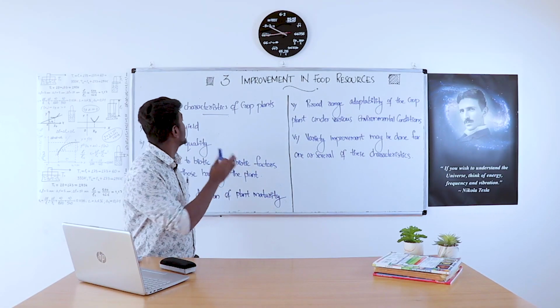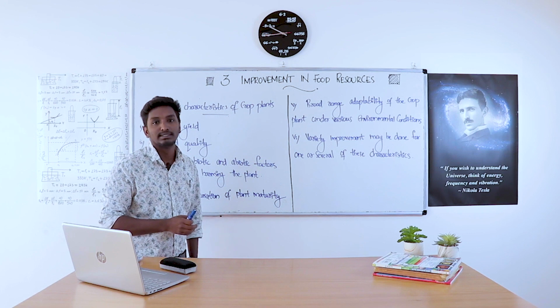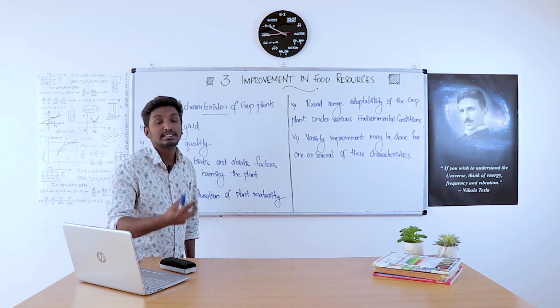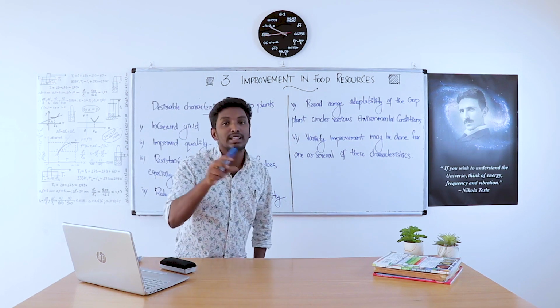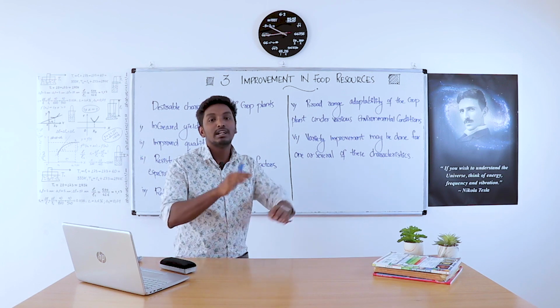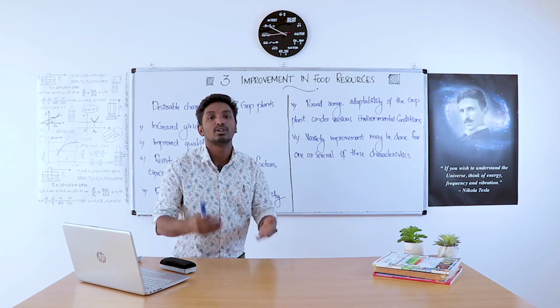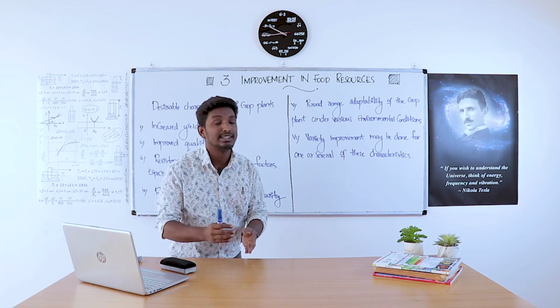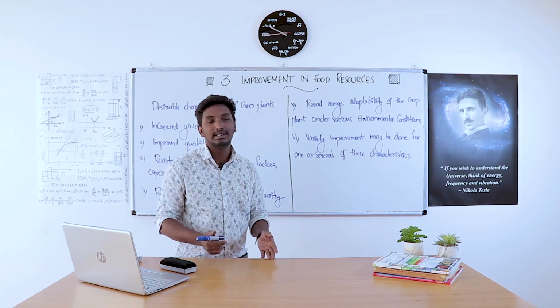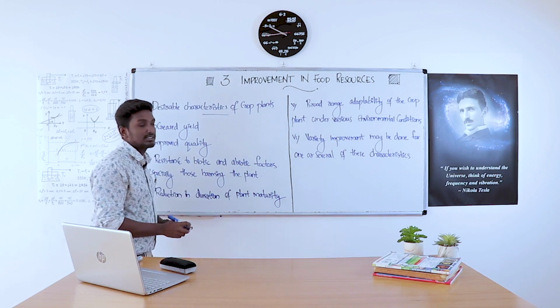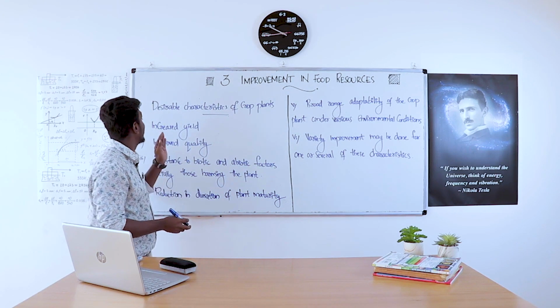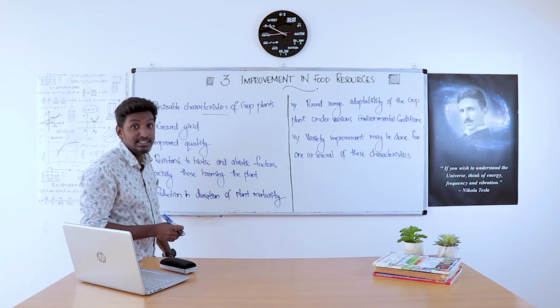Okay. What are the desirable characteristics of crop plants? We need to discuss the desirable characteristics of crop plants. What characters should a crop contain or maintain? So the first desirable character is increased yield.